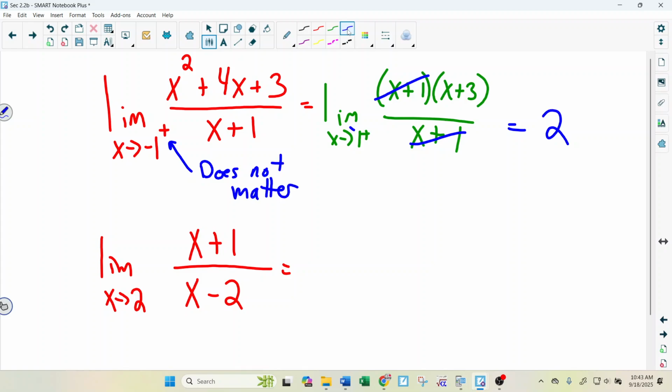And this one, the fact that it's from the right does not matter because the x plus 1 cancels out, right? So it doesn't matter.